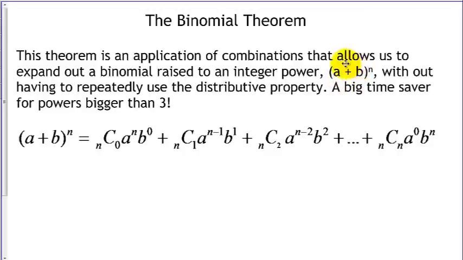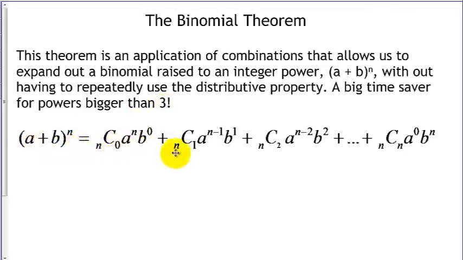So what I mean by a binomial, we've got two expressions added or subtracted in parentheses raised to an integer power. When we do this manually, remember we have to turn this into (a plus b) times (a plus b) times (a plus b) repeatedly and use FOIL and the distributive property. And we've done some of those in class, and it's quite tedious, especially when the powers get bigger than 3.